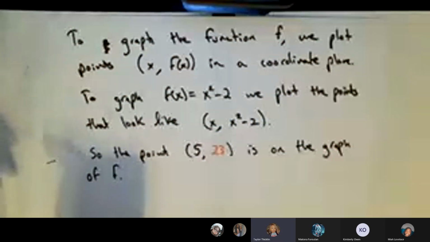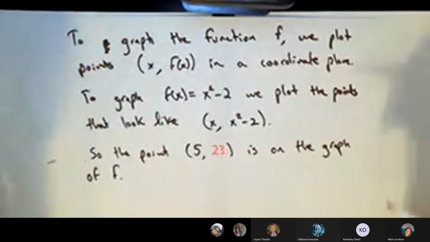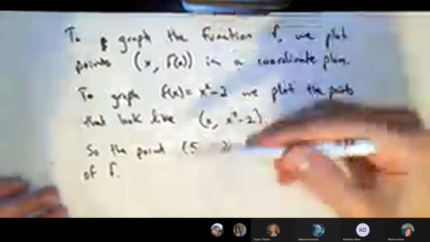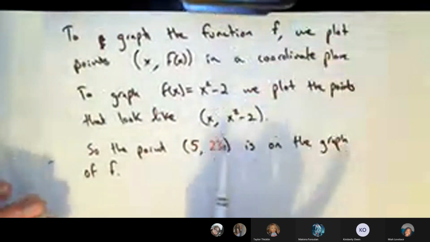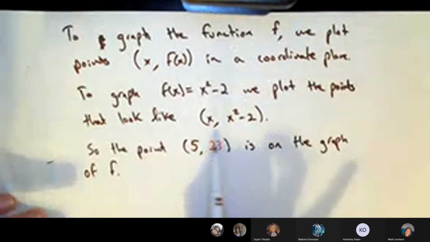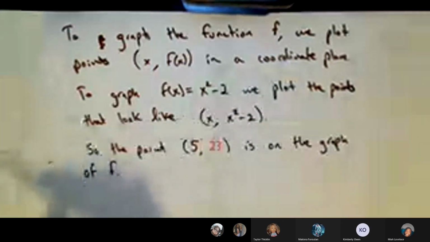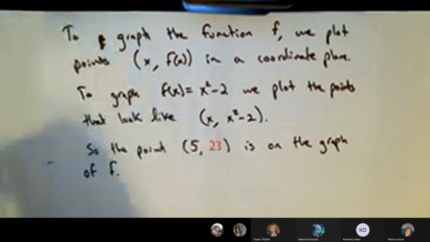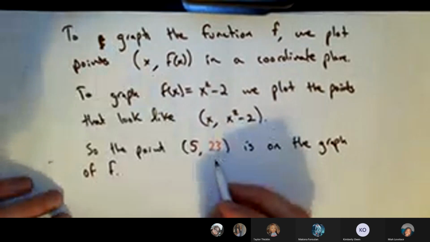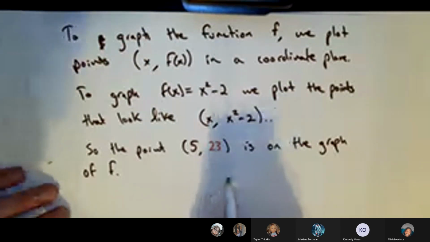So this is just one of those examples of a question that WebAssign asks where they give you a function and they ask for some random value. When they put a blank in the y value spot of the coordinate point, they're asking you to literally plug x into the function. That's what that means. And that is the height of the graph f above the x-axis when x equals 5.